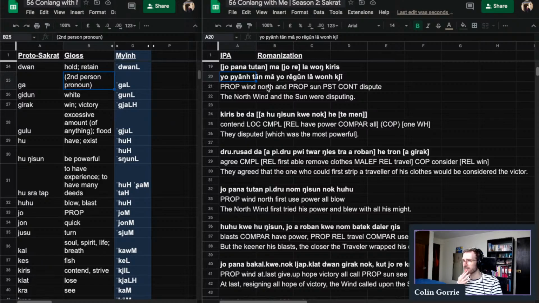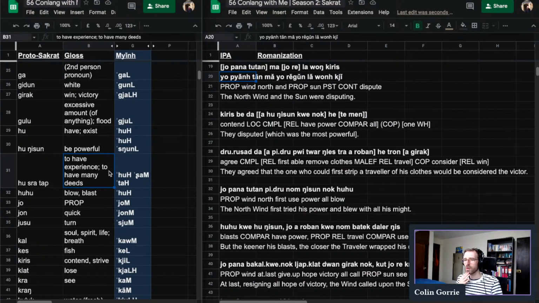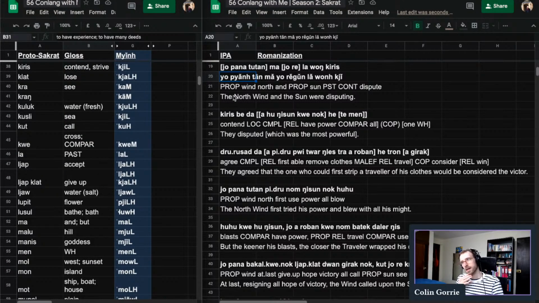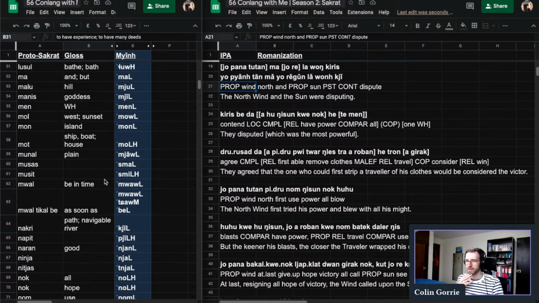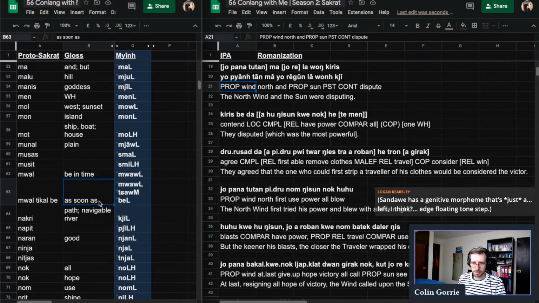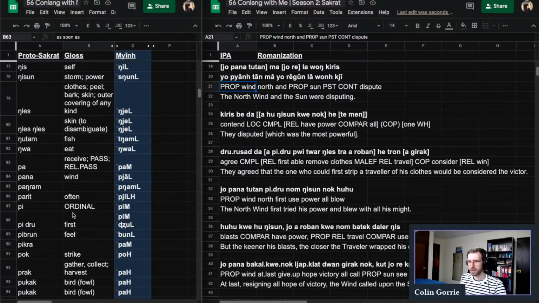Something like that, I think I could see happening. Or something like north being tan, maybe there's a word for quarter, like a quarter of the world, and so all the direction names become compounded with that word meaning quarter.